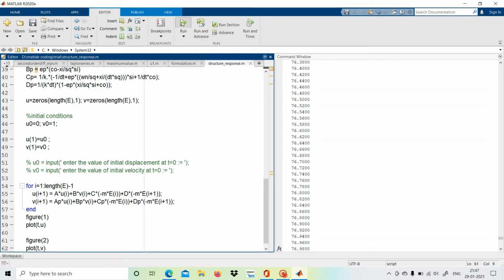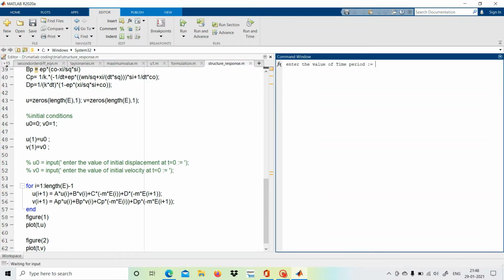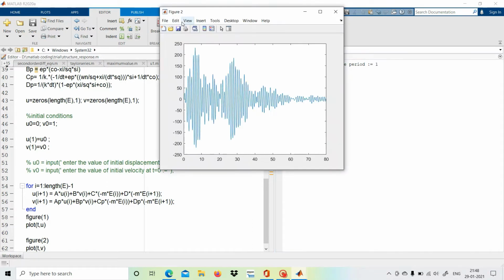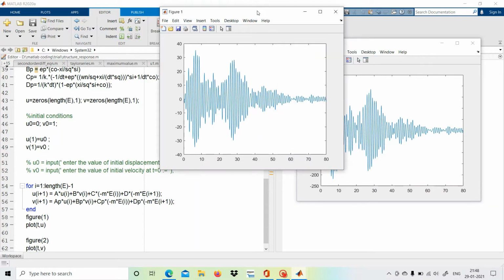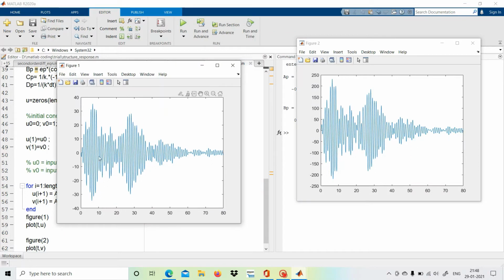Let's see, the time period we are giving is 1. So we can see here, this is the response. The first response is the displacement. This is the displacement response of the structure or the building, and this is the velocity response of the building.